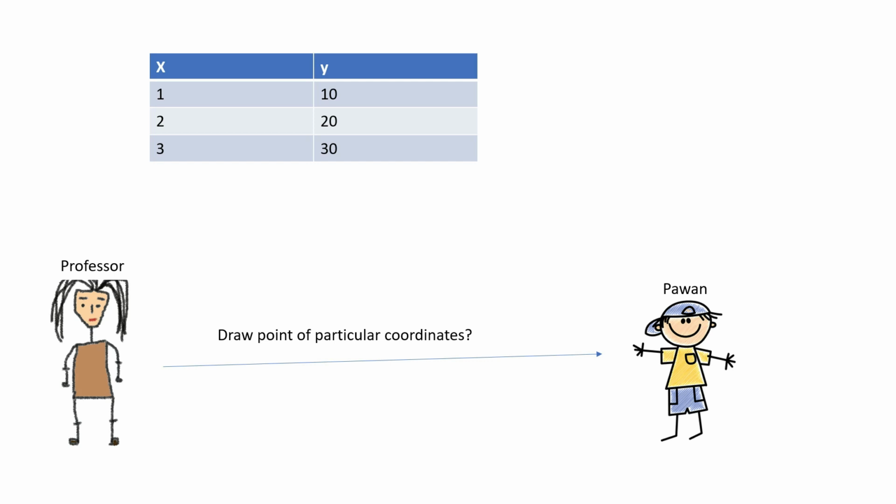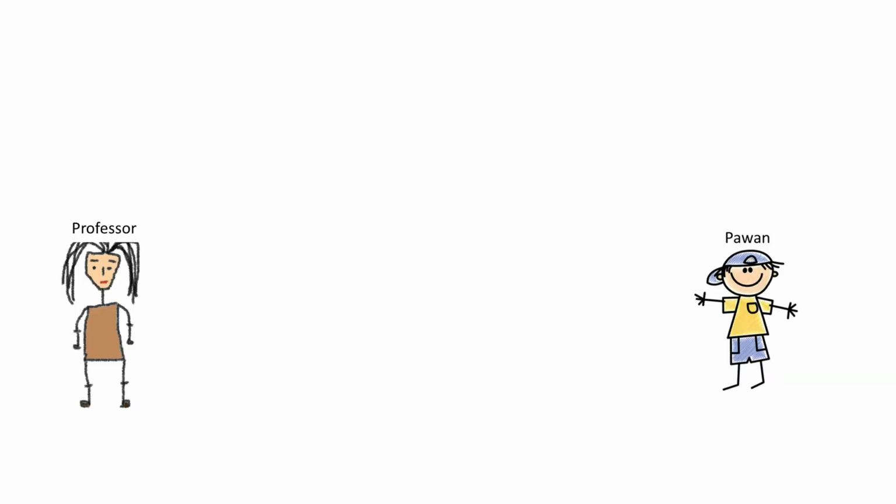If you remember your childhood class, let's remember what we did. Suppose a professor says draw a point at particular coordinates, then what we do is first create the x-axis, then the y-axis, first point, second point, and third point.